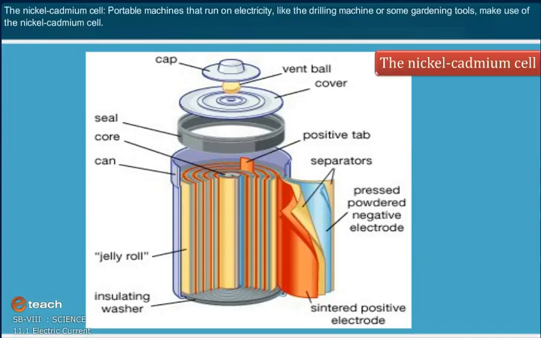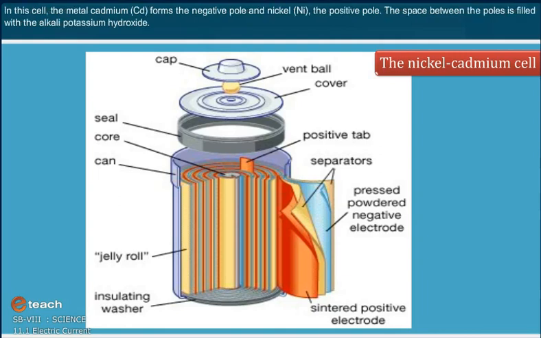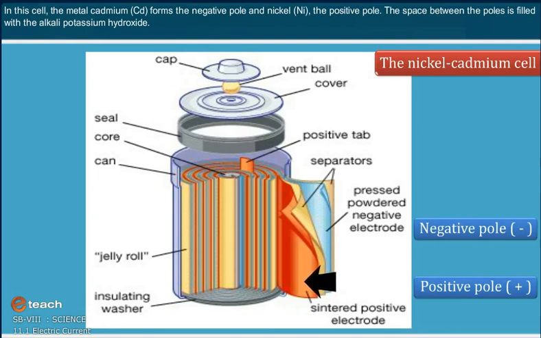The nickel-cadmium cell. Portable machines that run on electricity, like the drilling machine or some gardening tools, make use of the nickel-cadmium cell. In this cell, the metal cadmium, that is Cd, forms the negative pole and the nickel, that is Ni, the positive pole.